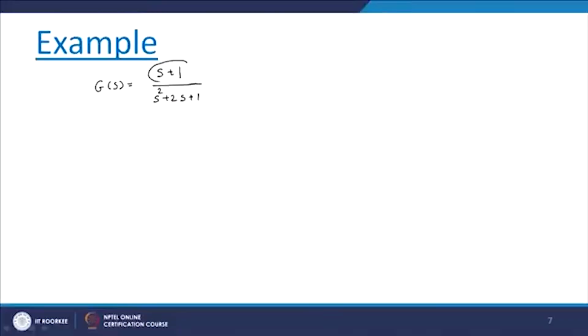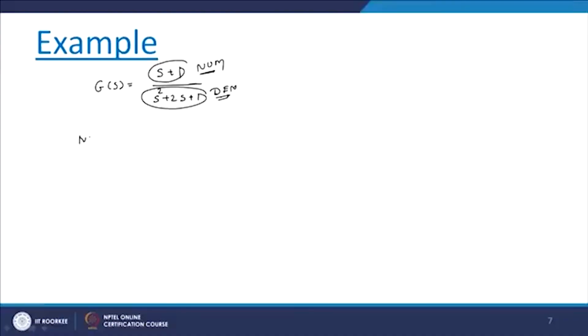Now first of all, what we want, this transfer function we have to write in MATLAB, in the MATLAB environment. So this s plus 1 indicates numerator, and this s square plus 2s plus 1 indicates denominator.